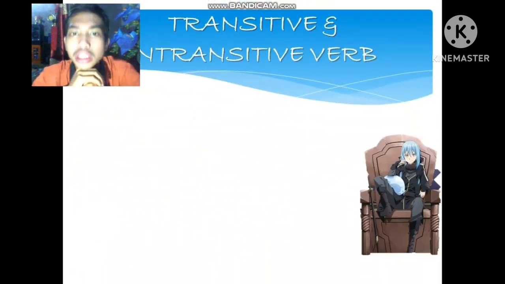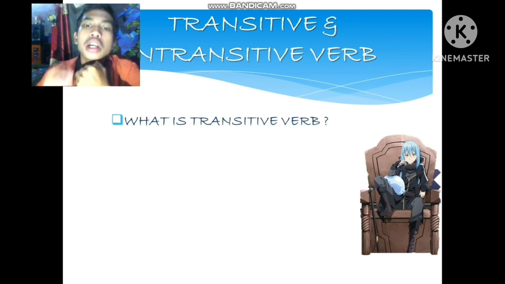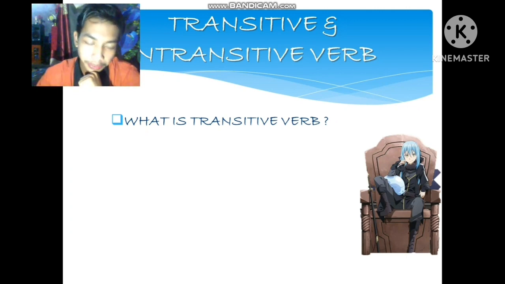Let's move to the types of verb: transitive and intransitive verb. What is transitive verb? Transitive verb is a verb that needs an object in the sentence. If it doesn't have an object, then it's not a complete sentence.